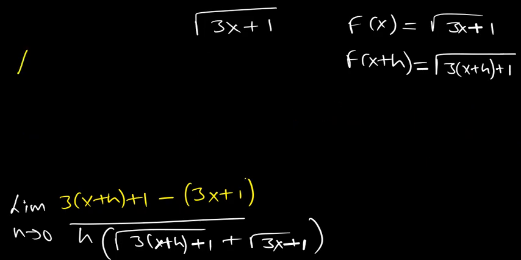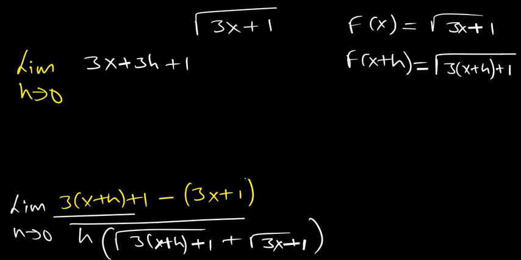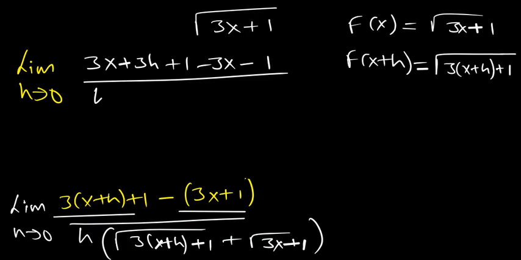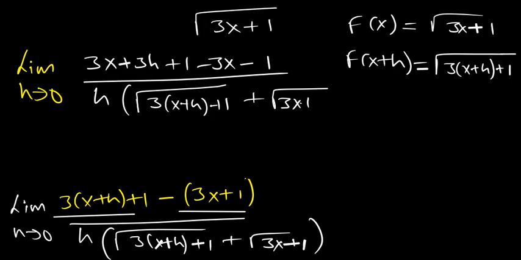So the limit as h approaches 0: for the top part, if you distribute the 3, the coefficient of the brackets, you're going to have 3x plus 3h plus the 1, and if you distribute the negative to the other part of the brackets, you're going to have minus 3x and minus the 1, divided by h. The brackets in the denominator remain the same, we don't want to tamper with them: root of 3 open bracket x plus h plus 1, plus the root of 3x plus 1.